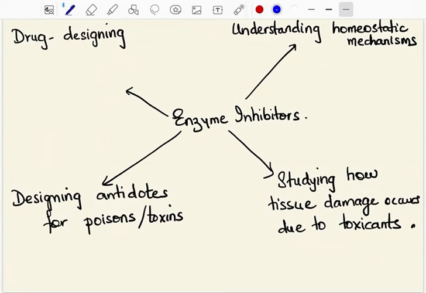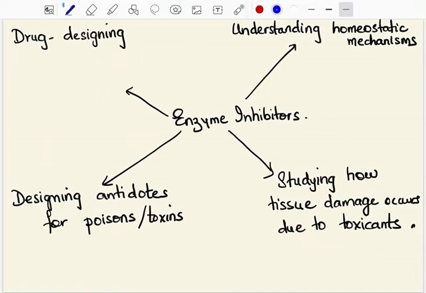If we don't know how that toxin inhibits an enzymatic pathway inside your body, we will not be able to save that person's life. For example, snake venom. Snake venom sometimes causes instantaneous death. There is one snake venom that, as soon as it enters the blood, stimulates clot formation.